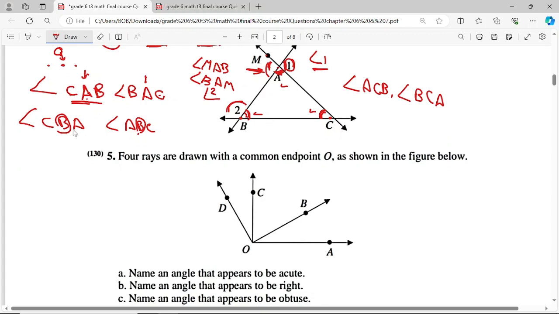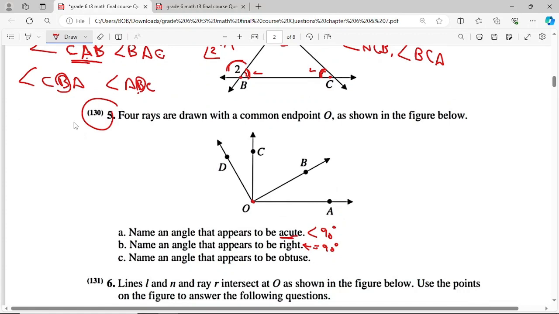Okay, question number 5. 4 rays are drawn with a common endpoint O, as shown in the figure below. Name an angle that appears to be acute. We said acute means the angle is less than 90 degrees. Right means the angle is equal to 90 degrees.